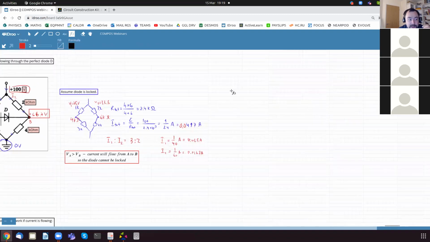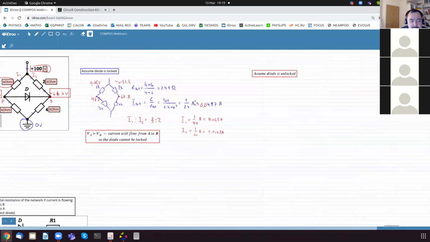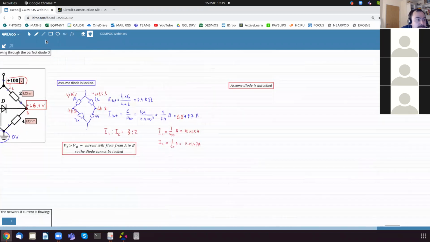That means assume diode is unlocked. And this is going to be very similar to the very first question. Not the first, the third question, I guess. Diode is unlocked. Now we have current flowing through here.